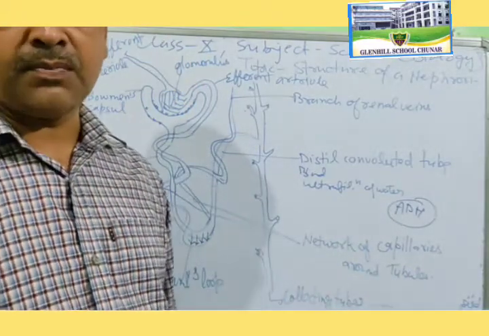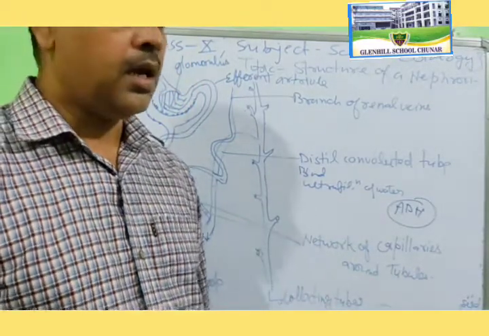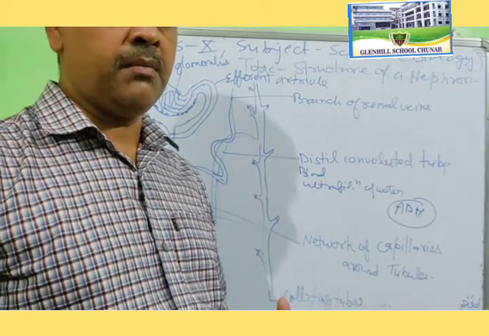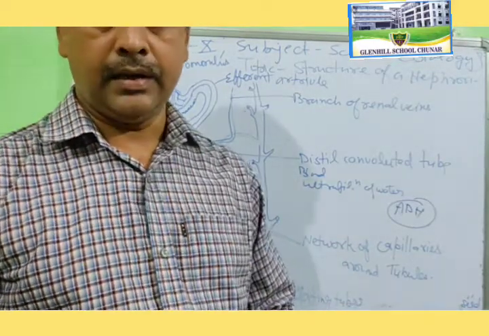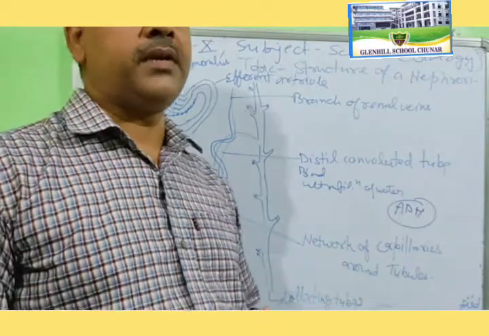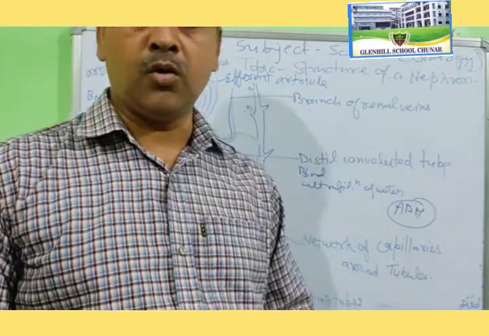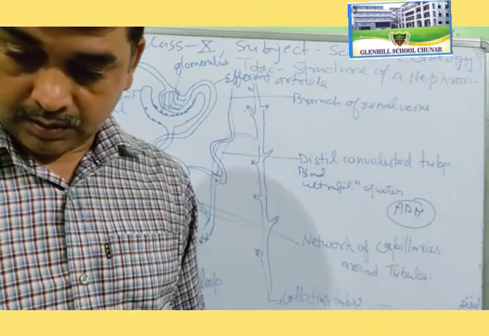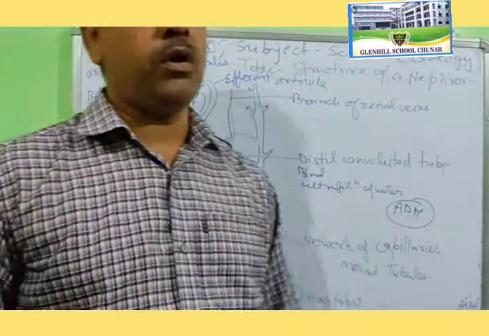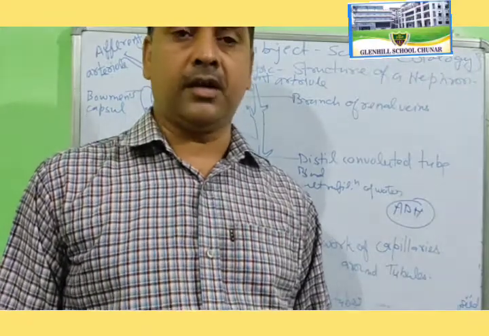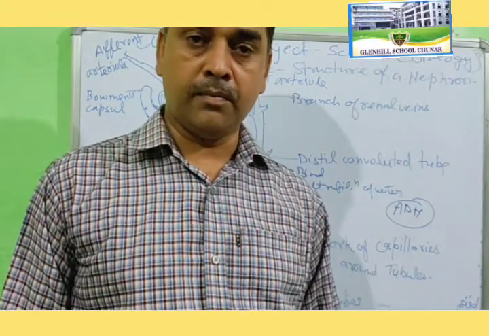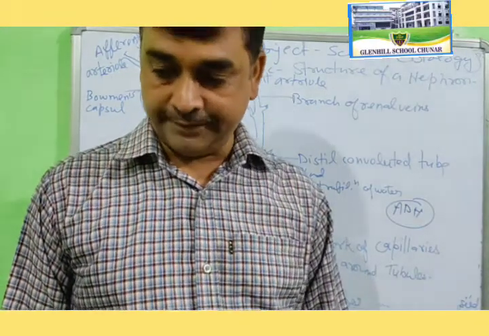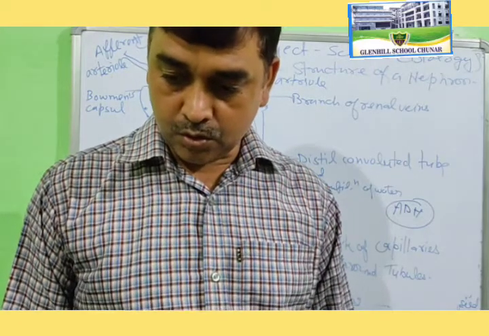The length of the urethra is smaller in the female but longer in the male. It is generally 4 cm long in the female but 20 cm long in the human male. And you know, students, about 1.5 to 1.8 liters of urine is formed per day by our kidneys.